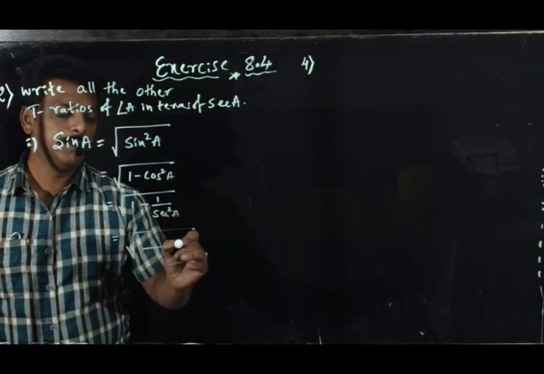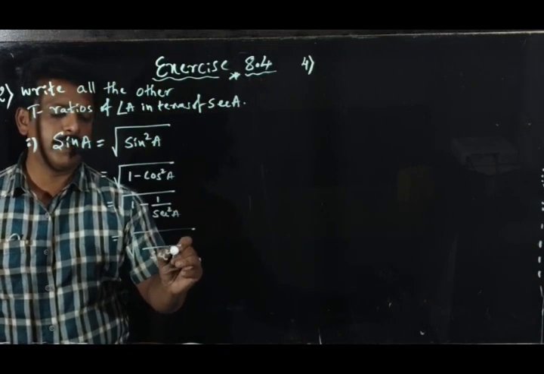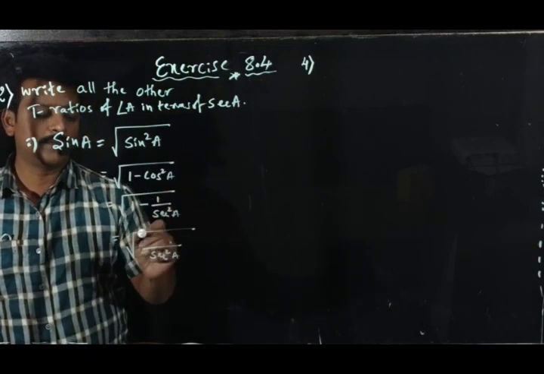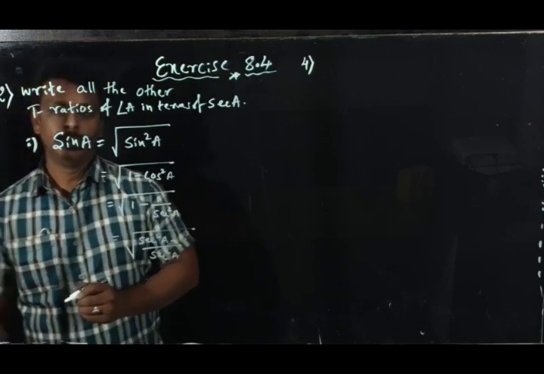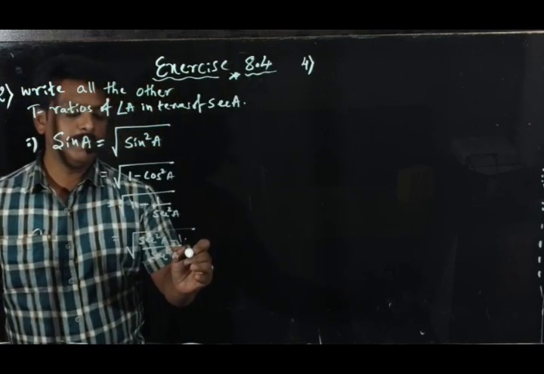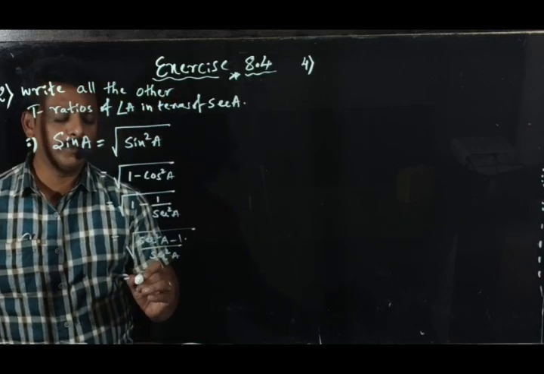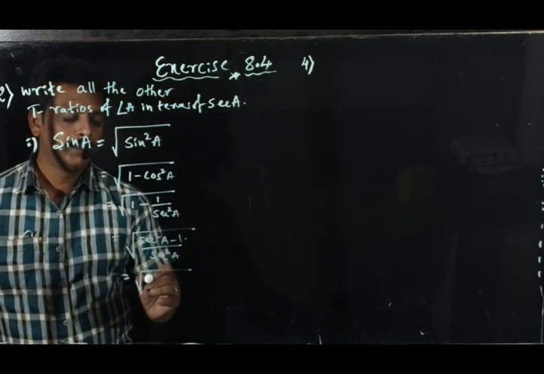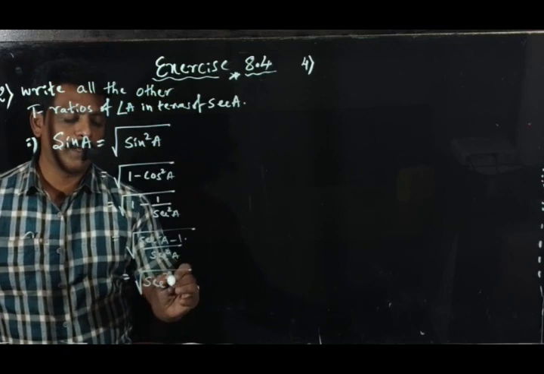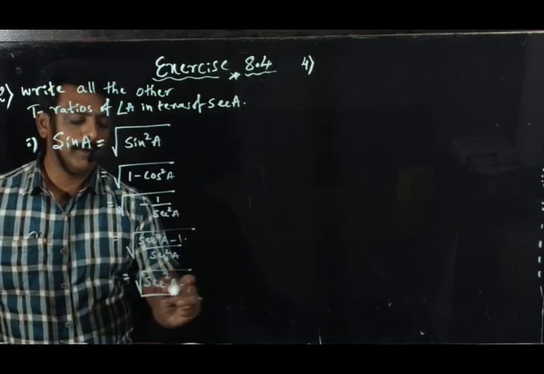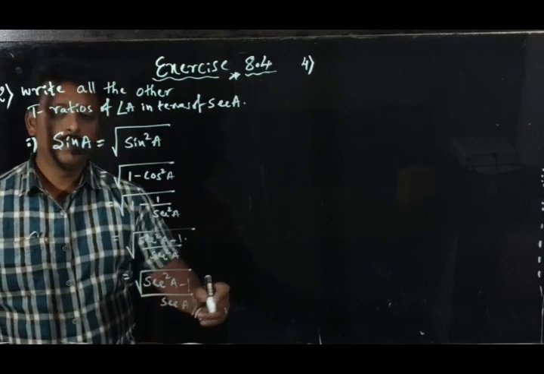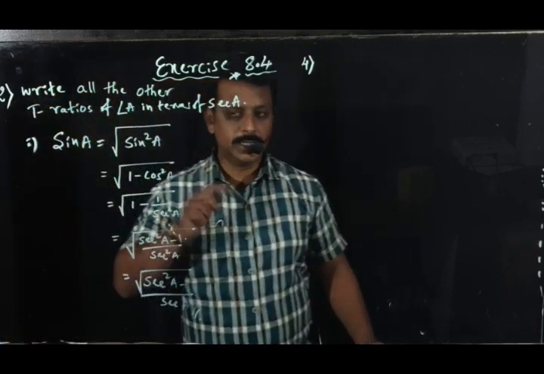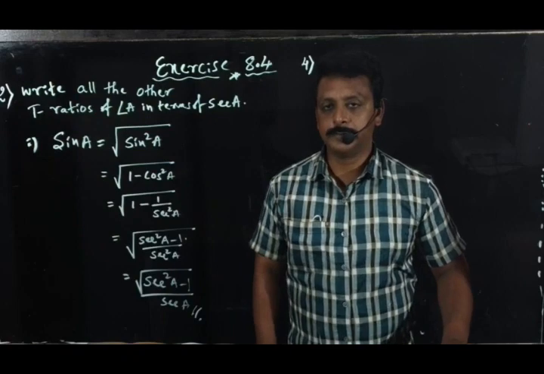What is the LCM? LCM is sec square A, so sec square A minus 1 over sec square A. Right? This is the expression. If you want to write one more step, that is square root of sec square A minus 1 divided by sec A, as the square root cancels. This is expressing sine in terms of sec.